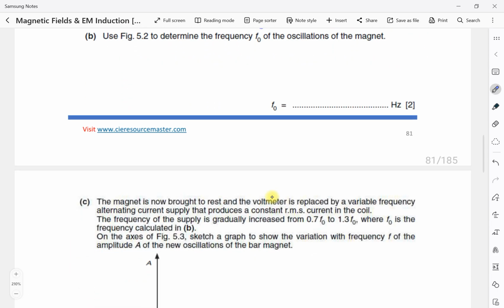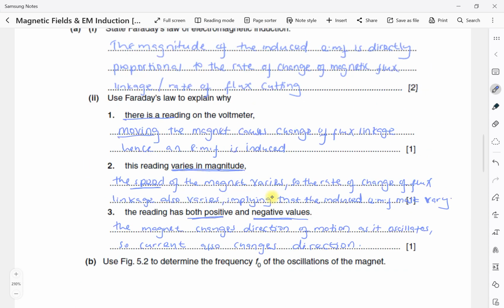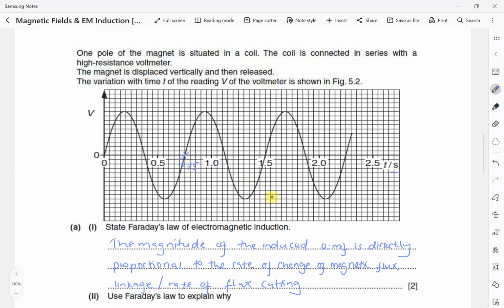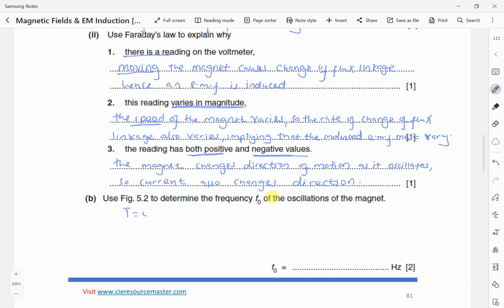Use the figure to determine the frequency f0 of the magnet. For frequency, we need to find the period. From the graph, I think the period T is 0.75 seconds.